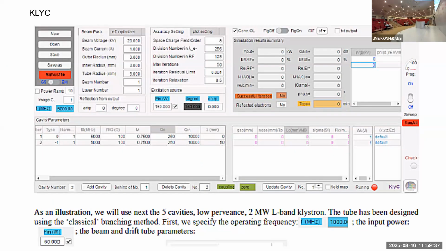And after, before starting with the simulation, if you think some of the lines in here with mouse, if you click it, then update cavity, you will get about 5 graphs or 5 drawings related with your cavity and the fields.